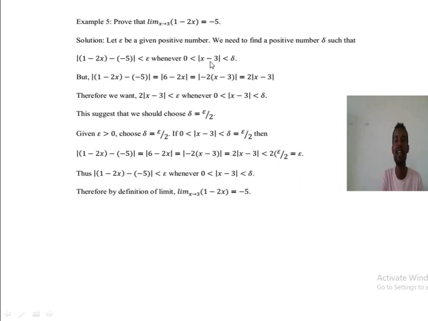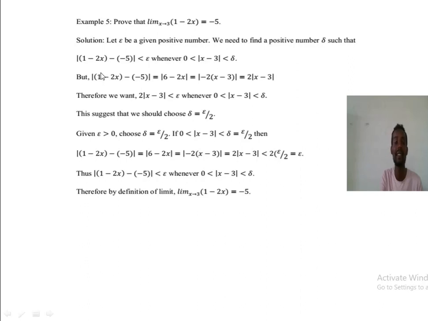Or in other words, if 0 is less than absolute value of x minus a less than delta, then absolute value of f of x minus L is less than epsilon. So we can write this as absolute value of 1 minus twice x minus minus 5 is less than epsilon whenever 0 is less than absolute value of x minus 3 less than delta, by substituting the corresponding values for a, L, and f of x.